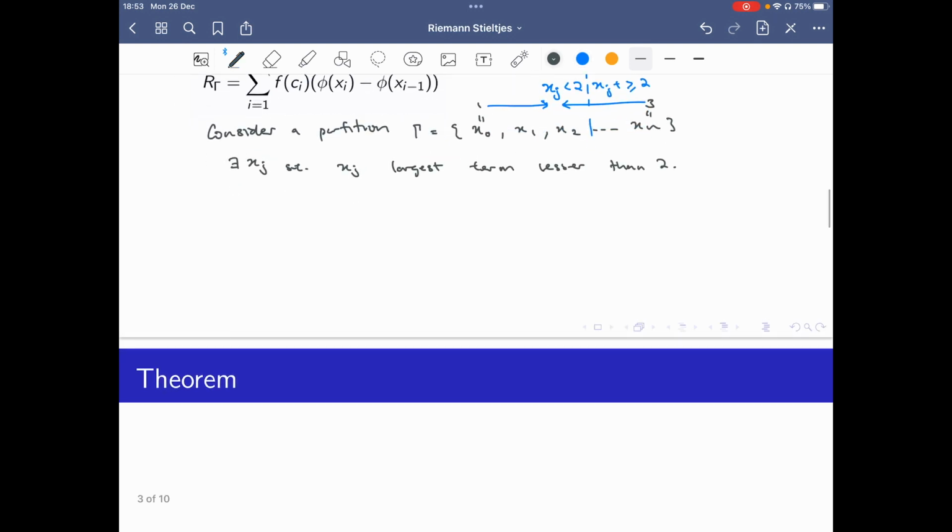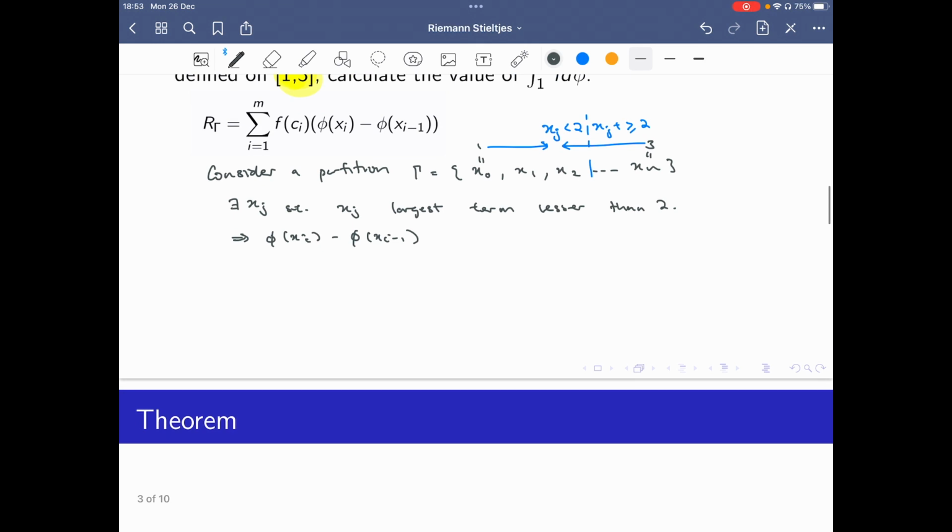So we can write phi(xi) minus phi(x_{i-1}), which is the latter term here, and that is going to be 0 whenever i is smaller or equal to j.